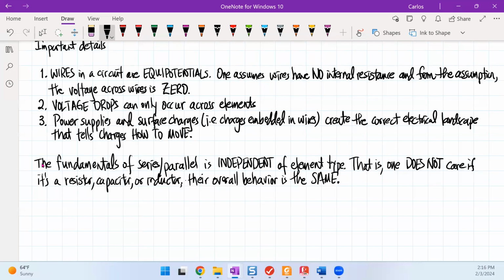Therefore, how we add them in series and parallel dictates how those add up together to identify whether elements are in series or parallel.